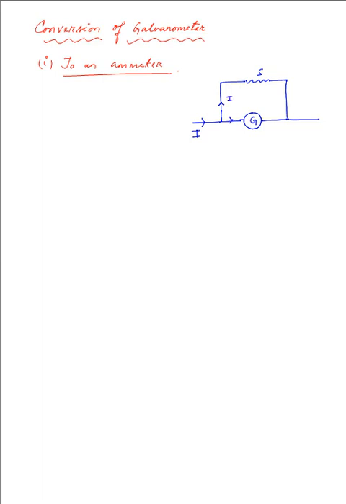So here we have Ig flowing through the galvanometer, while the current I minus Ig flows through the shunt resistance, which again adds up with Ig to give back the current I. Now, this galvanometer can measure a current of 1 milliampere.